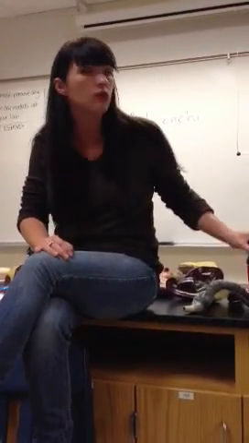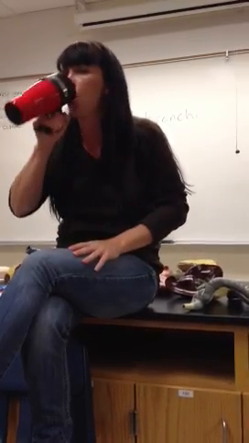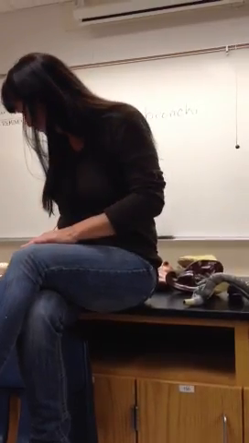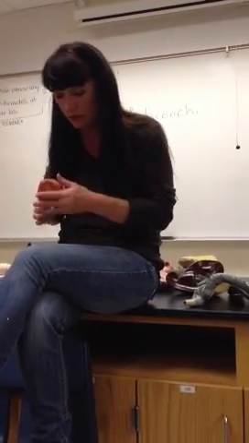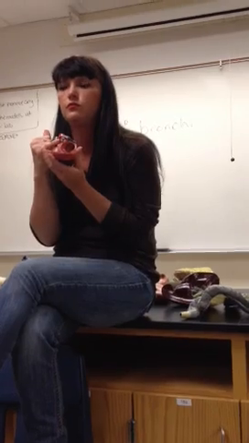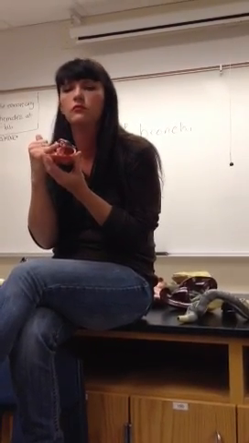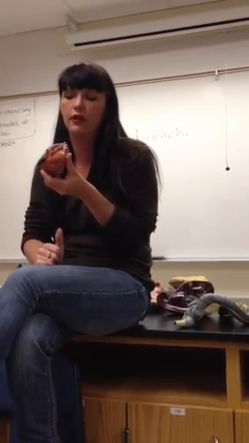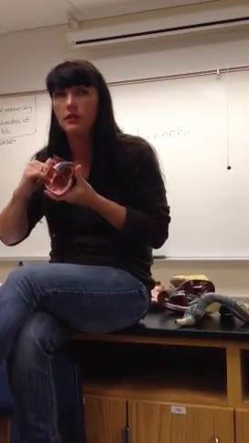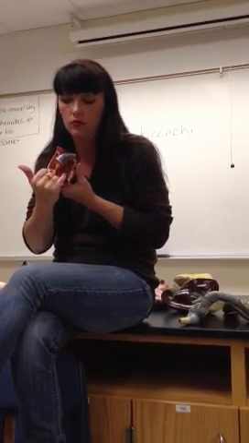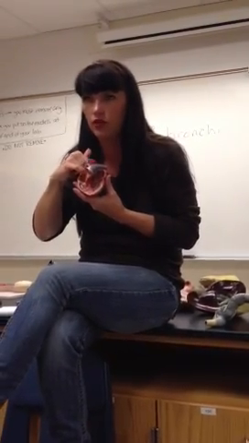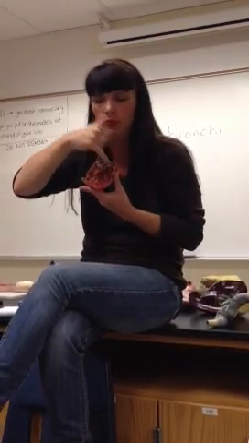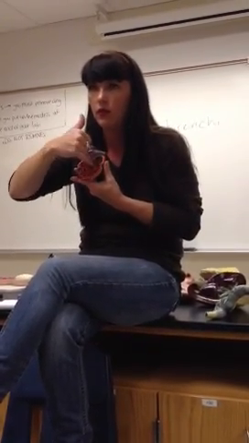Then you would say coronary arteries. Okay, inside here. Pulmonary valve. Aortic valve. What valve is that? Tricuspid. Bicuspid. Chambers: right atrium, left atrium, right ventricle, left ventricle.